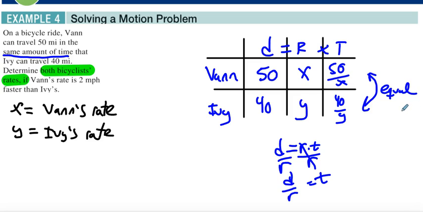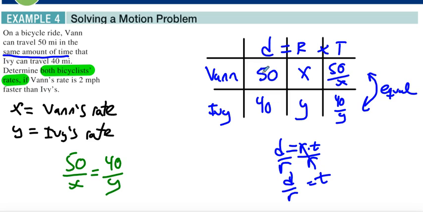Now we need to create a system of equations. One of them is 50 over x is equal to 40 over y, because we know that both of the times are equal. We can't set the rates equal, because we know that they're not the same, since Van's rate is 2 miles per hour faster.